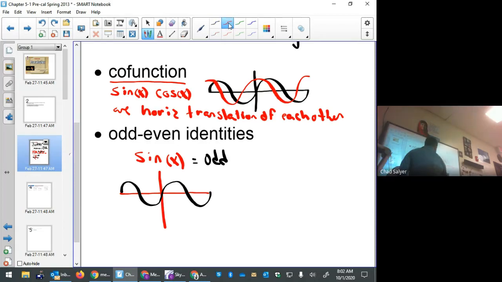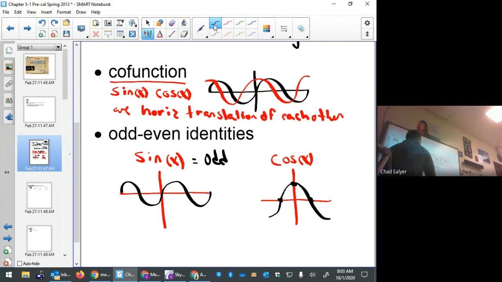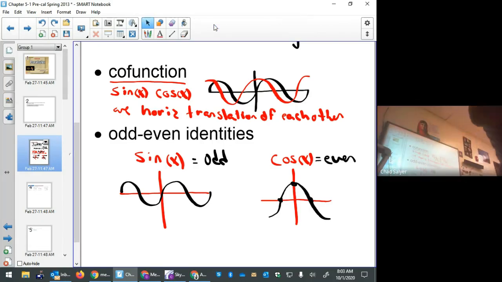And if we look at cosine of x, and if you can't just sketch these off the top of your head, then you're not quite where you need to be, I'll just graph one period of the cosine here. We see that it is even, symmetric to the y-axis. All we need to know that is right around the origin here. Again, we have some identities that result from that evenness of the cosine function, symmetric about the y-axis and all that.